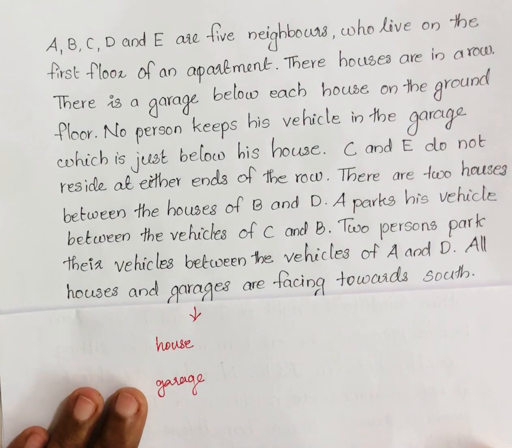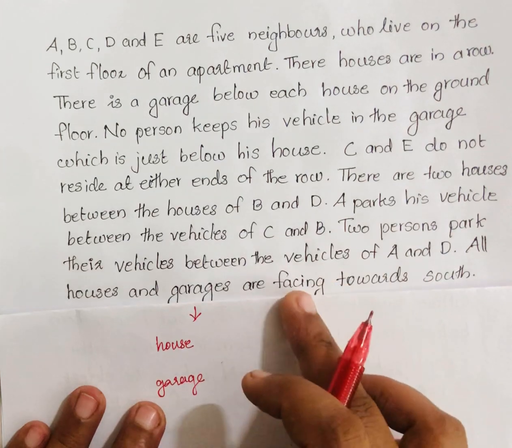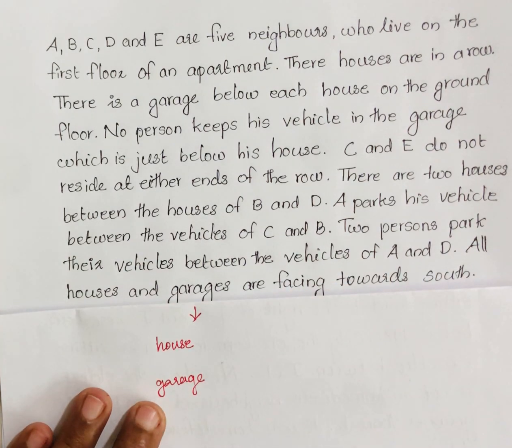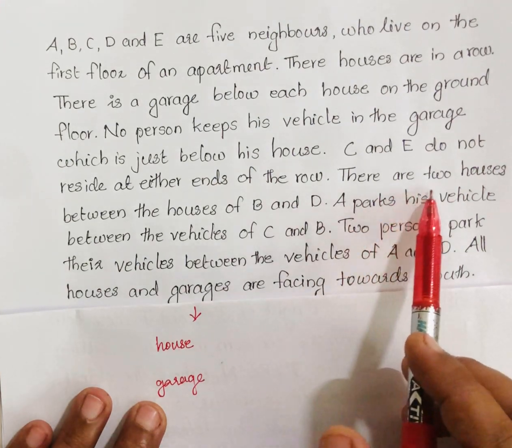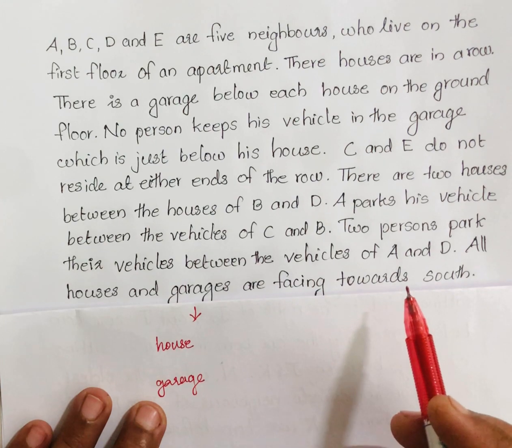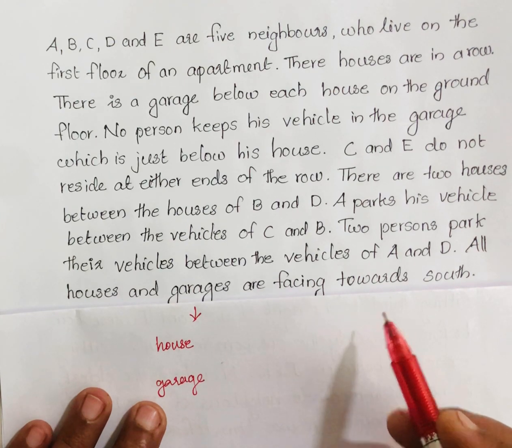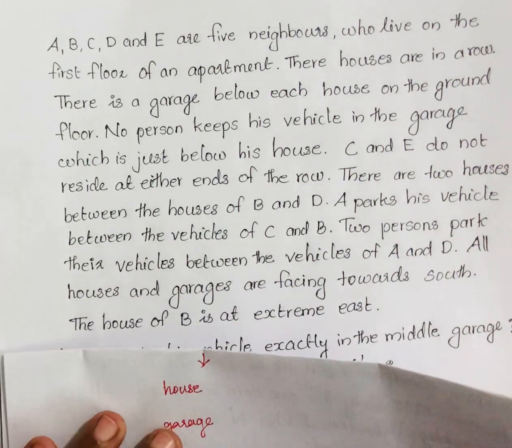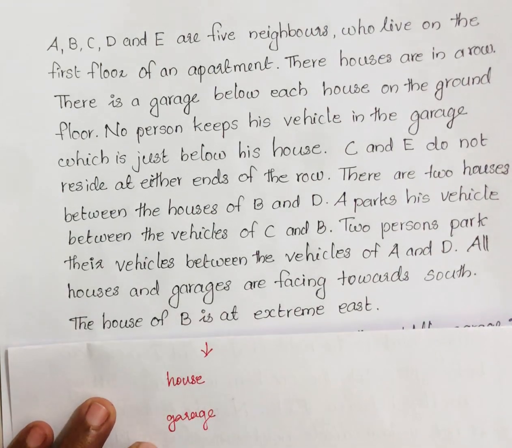Then first condition, one condition related to houses, it is given there are 2 houses between the house of B and D. Then one more condition is there, the house of B is at extreme east.